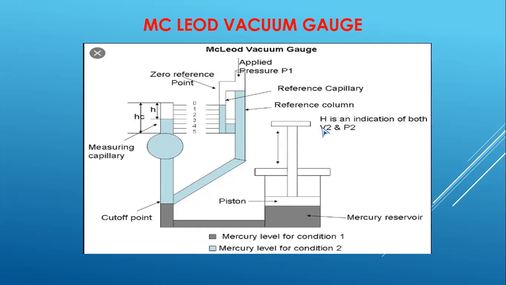H is the distance between the plunger and the mercury height, in the measuring capillary and reference capillary and the zero capillary. See, all of you listen carefully. This is a very important examination point of view. Almost all question papers have a question on the McLeod gauge.